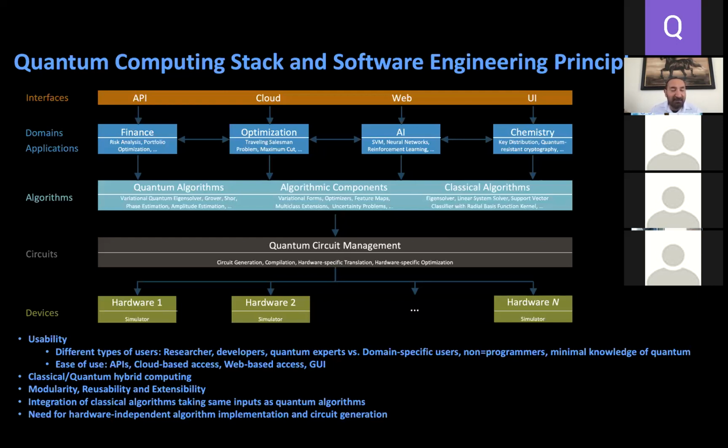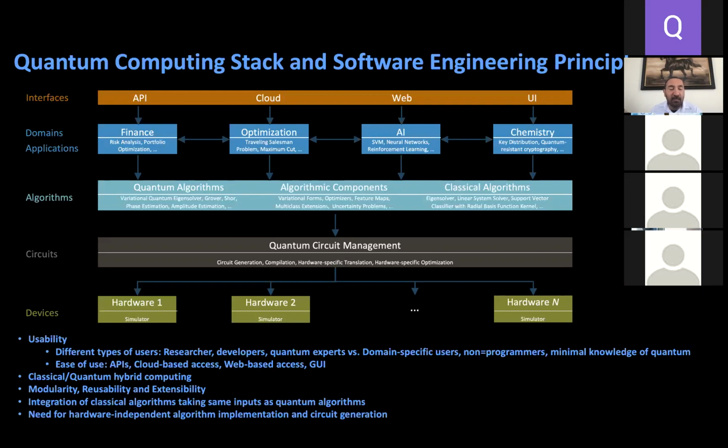As I will explain later, there is a lot of software engineering that takes place at this layer, the circuit layer, because circuits have to be generated and compiled, or more precisely, they have to be transpiled. I will explain later why I'm using the word transpiler as opposed to the word compiler.